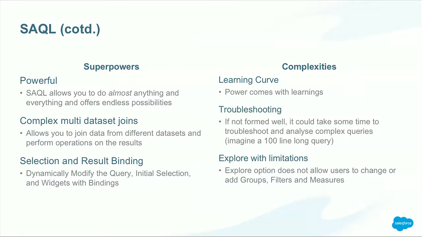So talking about superpowers, as I just said, it's really powerful. You can almost do anything and everything using it. You can perform some complex multi-data set joins. So if you have like 10 different data sets and you want to use them in one of your lenses, you can perform different joins on those data sets using SAQL. You can perform unions to get all the data together and display it on your dashboards.